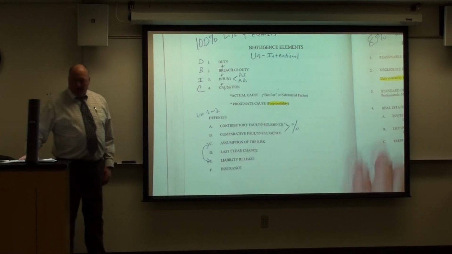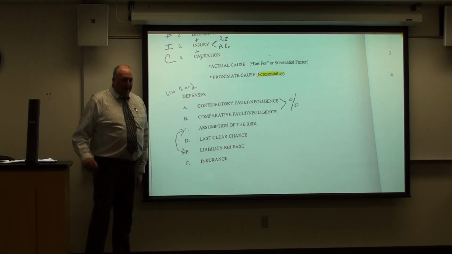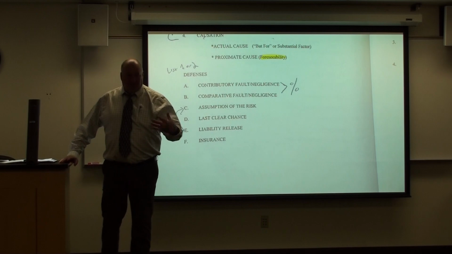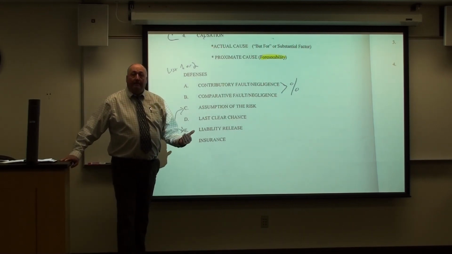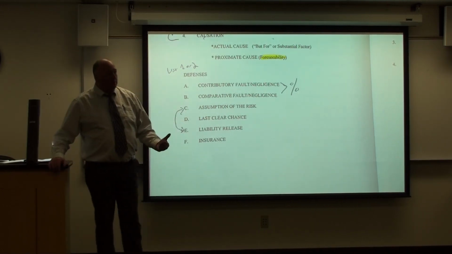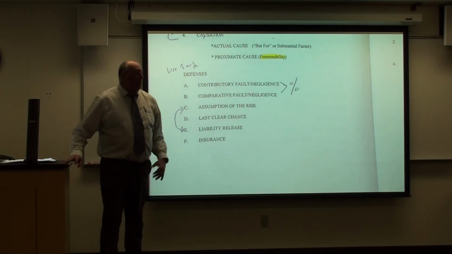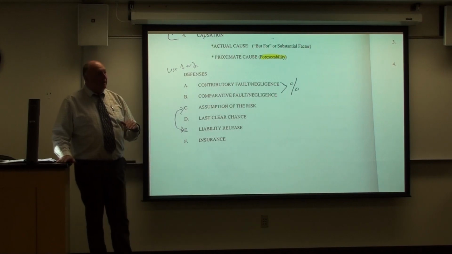All right. So now let's move on. Now let's talk about defenses. So now what we're talking about is the idea that you get sued for negligence. What arguments could you make? In other words, what are you going to argue to the judge and the jury to either try to get out of the lawsuit altogether, 100% win, you're not liable at all, or what arguments might be made that will reduce down the amount of money that you would otherwise have to pay, percentage-wise.